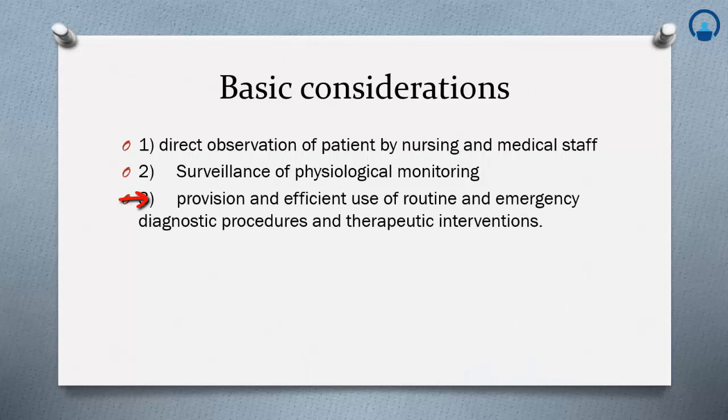The next consideration is provision and efficient use of routine and emergency diagnostic procedures and therapeutic interventions. When a patient comes to the emergency department, his vital signs are recorded, and if they are not stable and are fluctuating, treatment is started initially, but we don't yet know the cause.